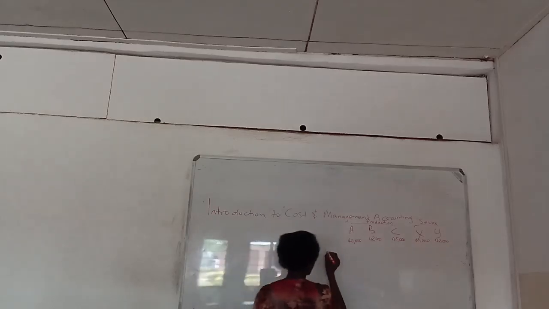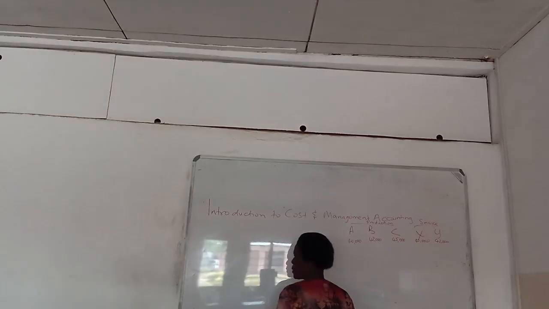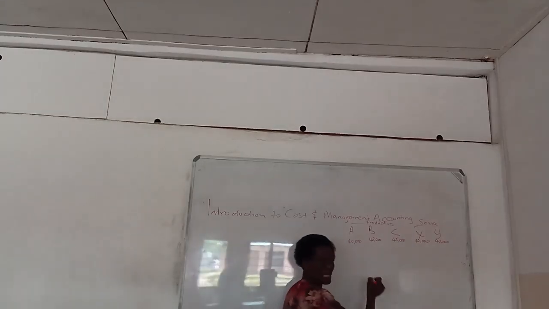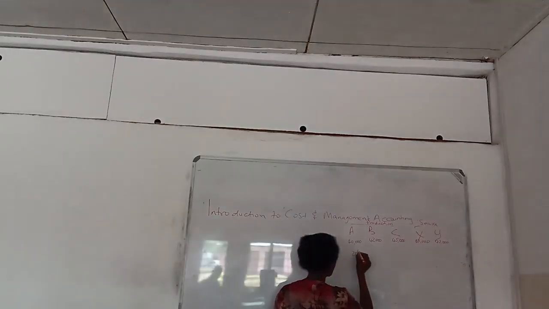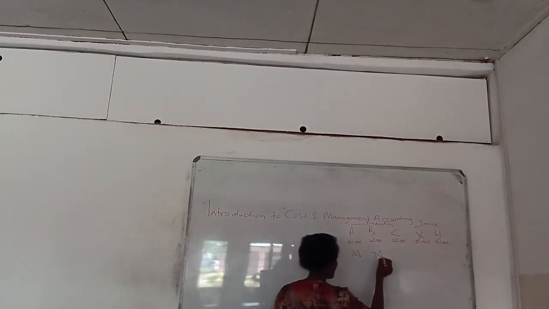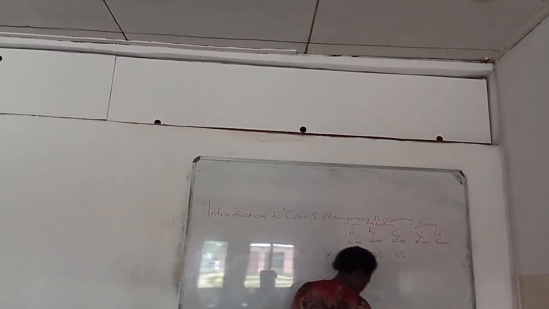We're talking of X. Now, when it comes to allocation, what percentage does he give to A? 20%. B, 30%. C, 10%. X, does it give itself? No. Y, 40%.